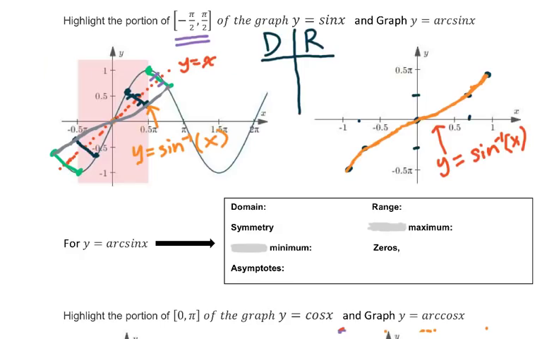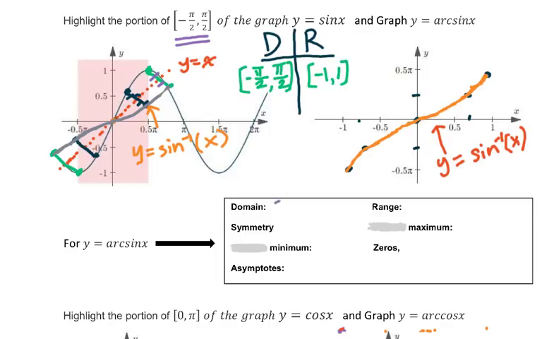Let's talk about properties of the inverse sine function. For the domain and range, we can go back to the sine function. We know for the sine function, we restrict the domain to negative pi over 2 to pi over 2. The range will be from negative 1 to 1. Therefore, for the inverse function, we switch domain and range.